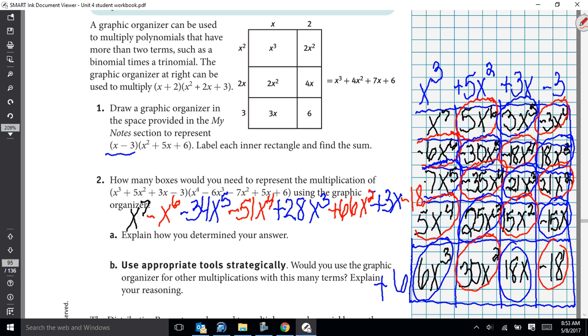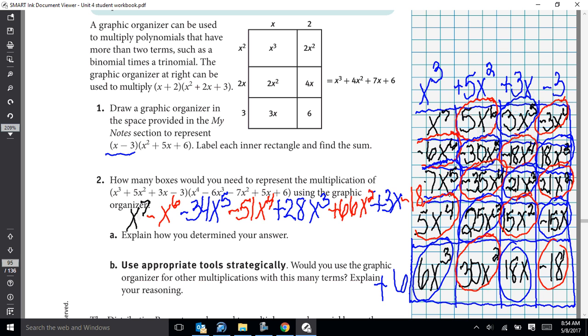Alright, so when we multiply these together, we get this hot mess here. Is it impossible? No, but it is tedious, right? I would classify that as a chore.